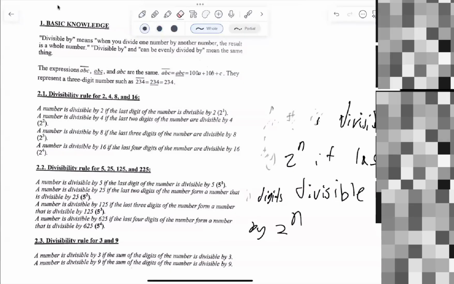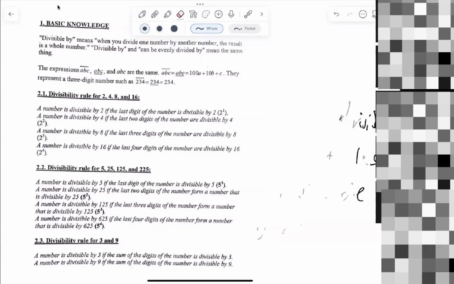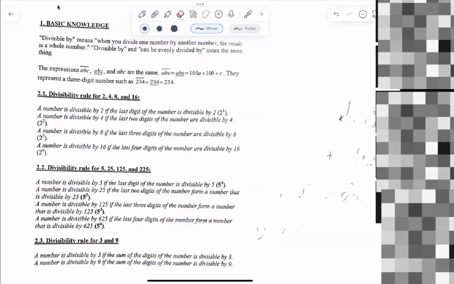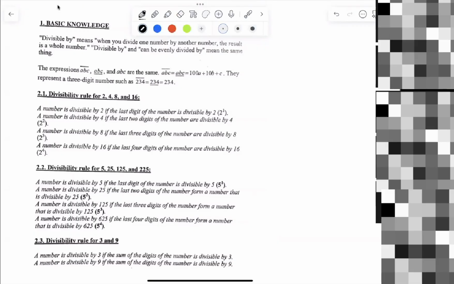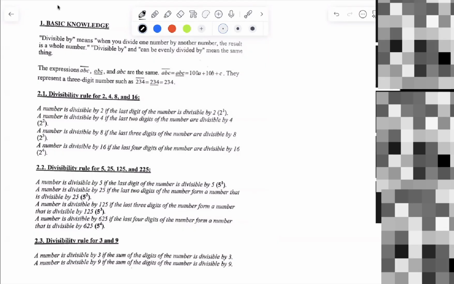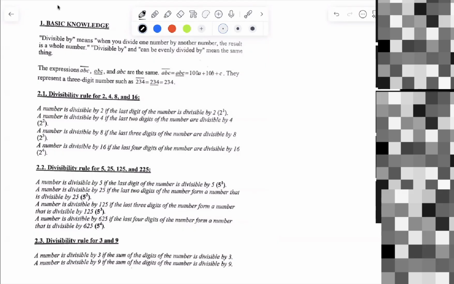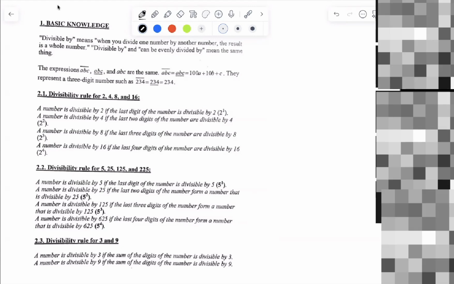How do we prove this? Well, notice the last n digits. Think about this. Let's say in this case we have 10 digits, and we want to see if it's divisible by 2 to the 4.